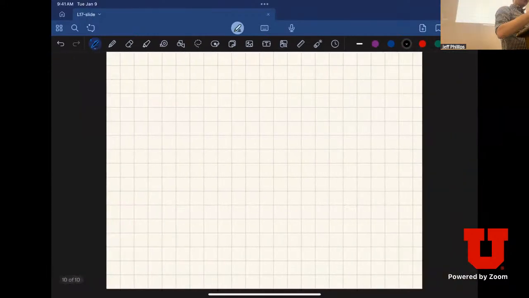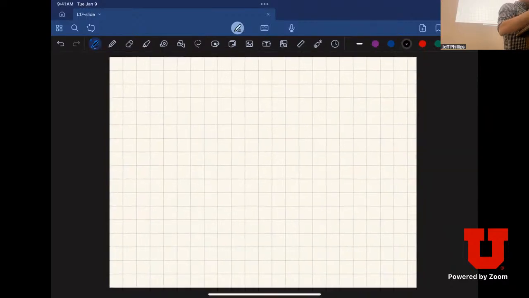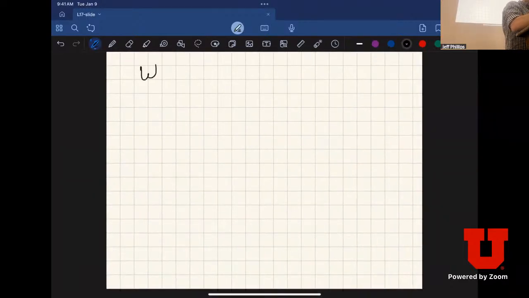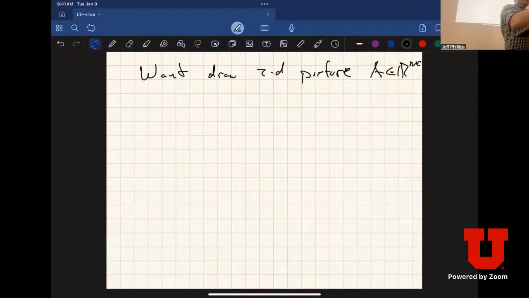Well, if I want to draw a 2D picture of A, which is n by d, I've got two ways of doing this.